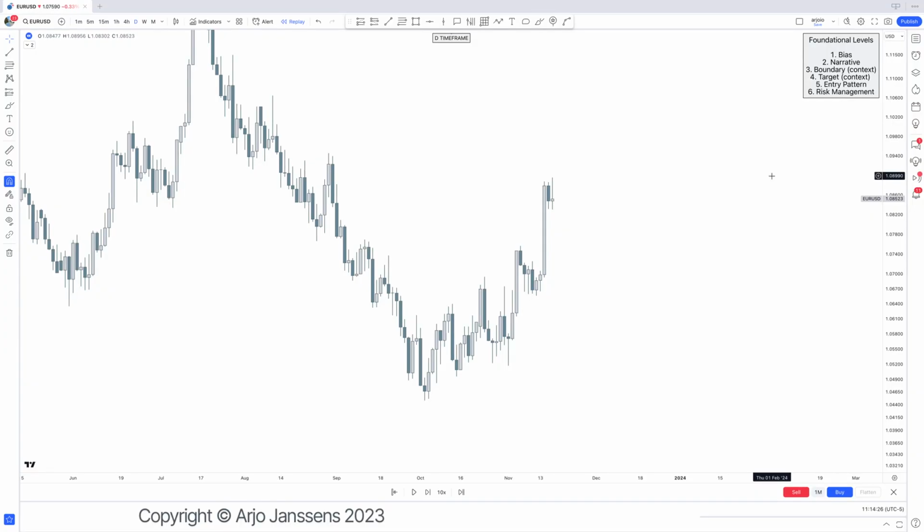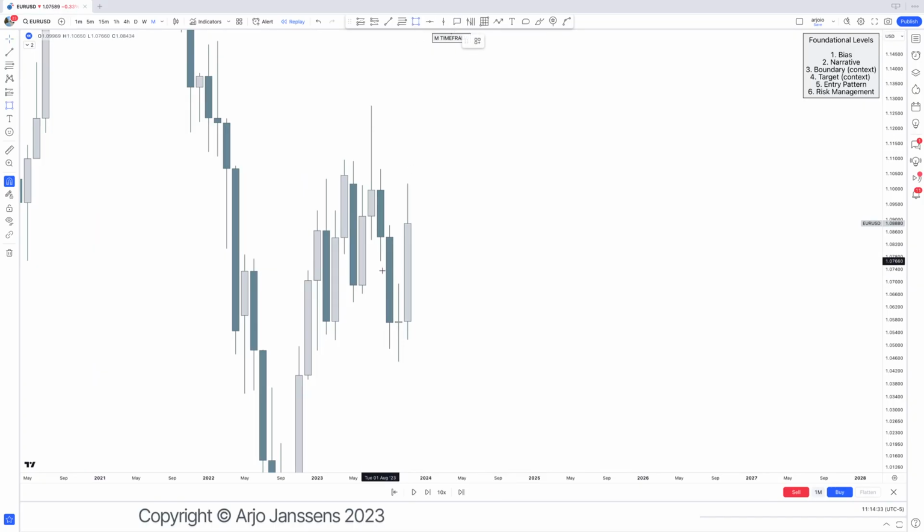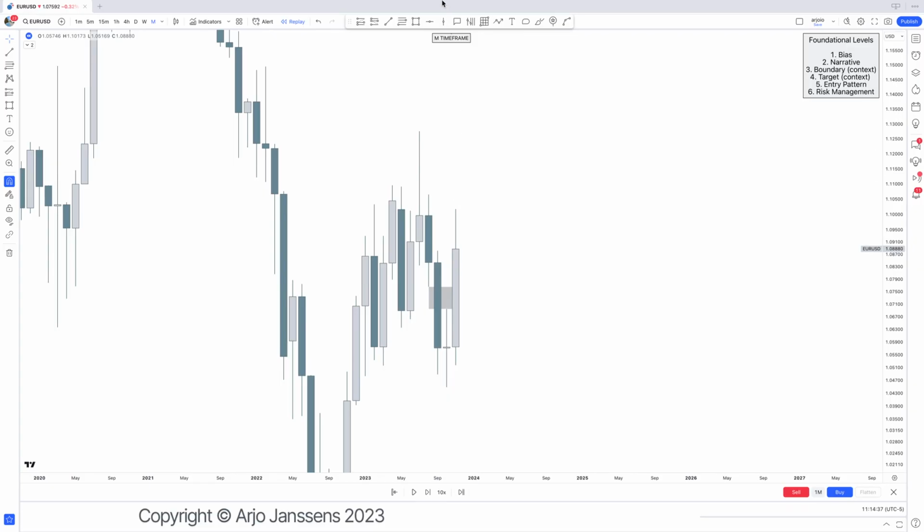So what does that look like? Here again, let's understand the monthly time frame. On the monthly time frame, we had this monthly fair value gap that we are overtaking, and then we are potentially creating a bullish fair value gap. We've gone over this narrative, the bias, a lot of times. This is the closest premium array on the monthly time frame, but that's quite a far premium array.